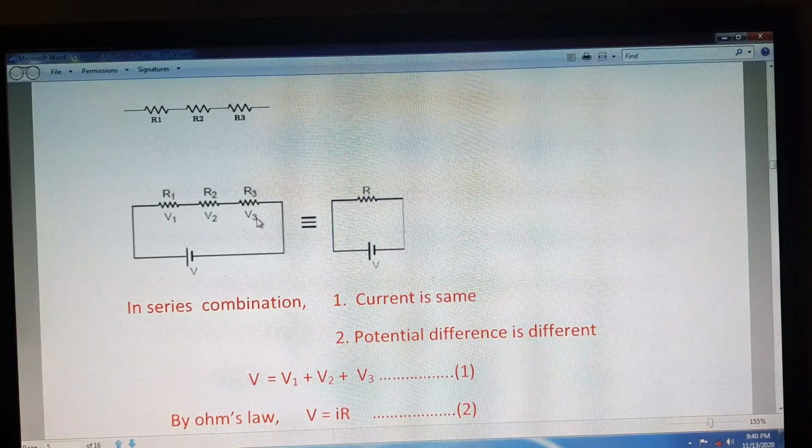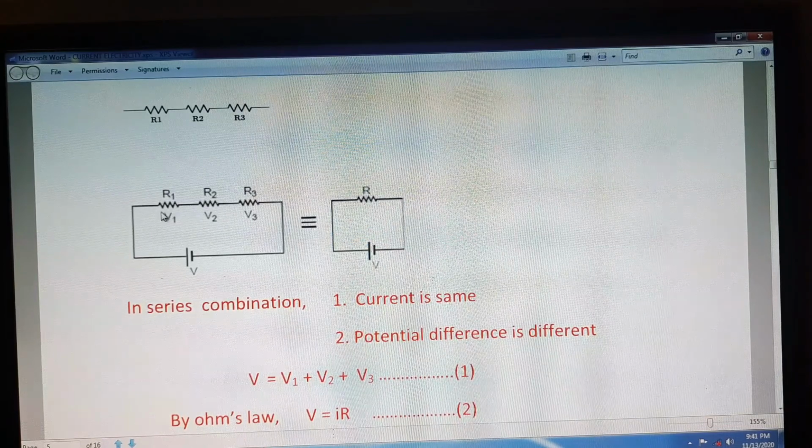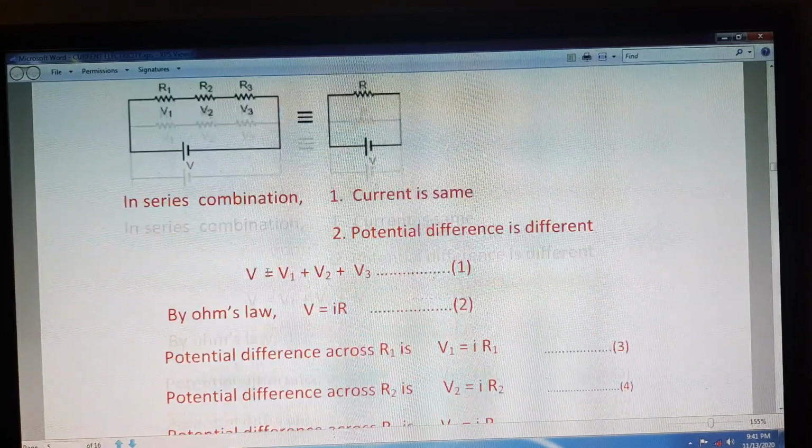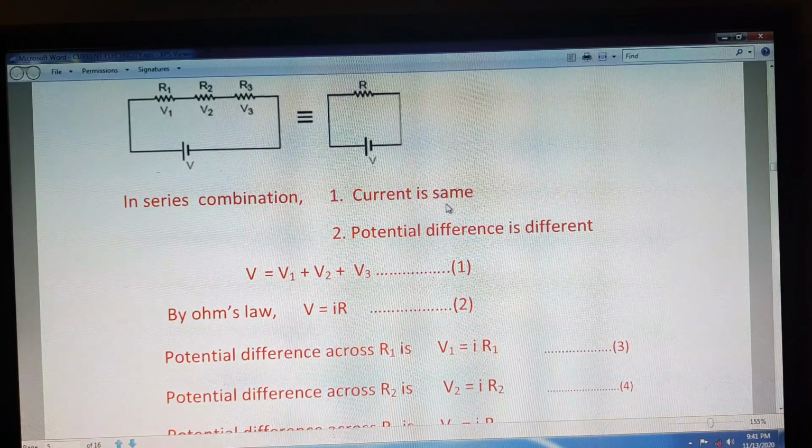The potential differences are different, but the electric current in the circuit is the same. So in series combination, the current is the same but the potential difference is different.